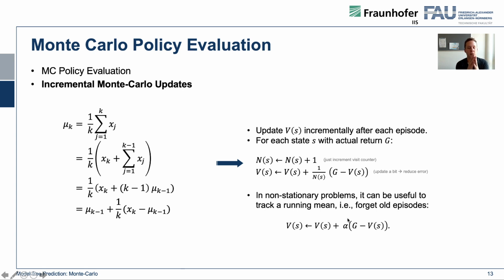It will not be the mean over all episodes, but if you maintain some small value in here, you move towards a sliding window approach. You only take the samples from more recent episodes into account, so you forget what you saw a really long time ago. Although this is not equivalent to a sliding window, it is something like it.